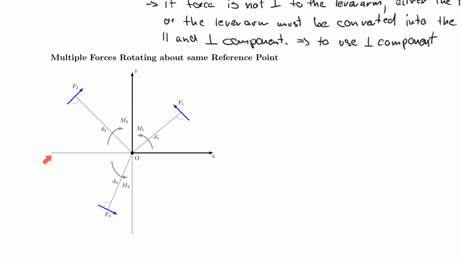F2 turns from negative x to positive y, which makes it clockwise. And likewise, F3 turns from negative x to negative y, which makes it counterclockwise. And remember that counterclockwise is actually considered positive, right? You can always remember this from your first quadrant. From x to y gives you positive z. So that is how you do that.